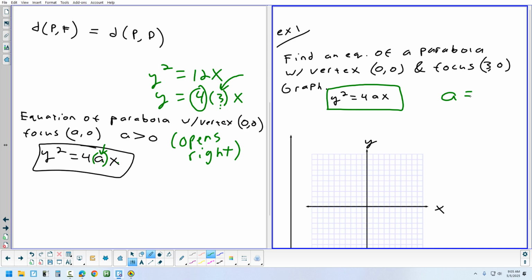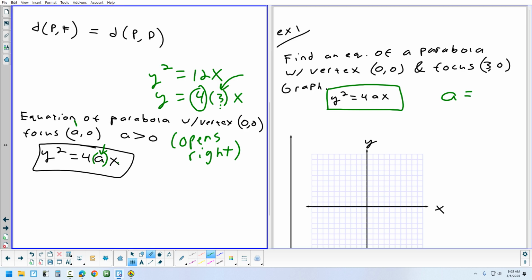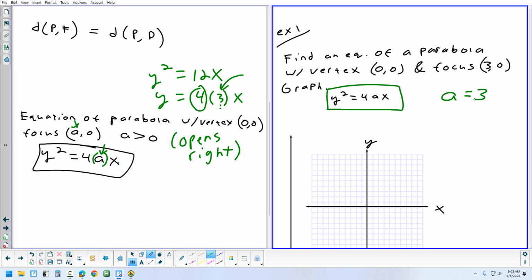Yeah, 3. And how do you know that? Because it's in the focus. Yeah. a, for this particular equation, y squared equals 4ax, is always the first number of the focus. a is 3. So once we figure out what a is, all we have to do is fill it in. And when we fill it in, we can simplify it.